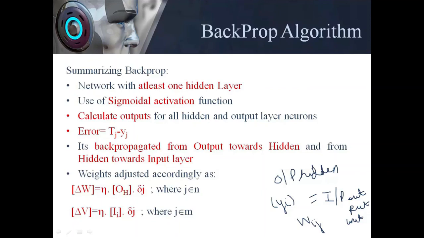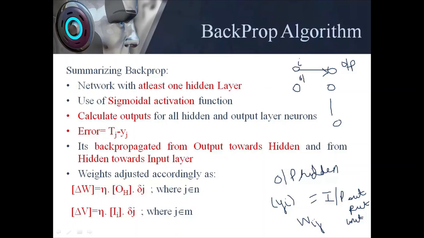So this is my hidden layer and this is my output layer. I is going to vary for the hidden layer, and whatever output I have calculated here is going to serve as the input here.